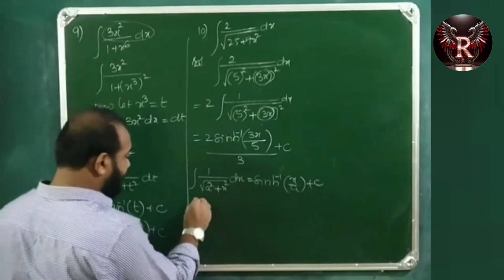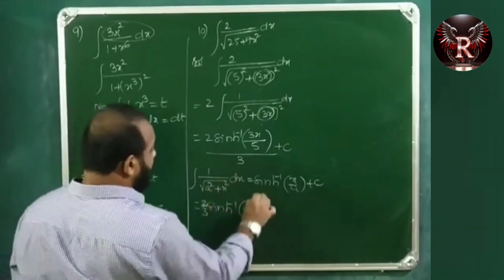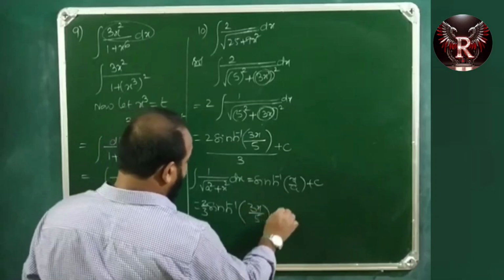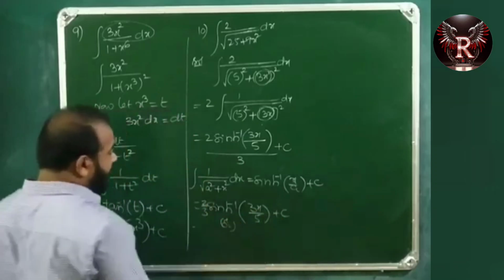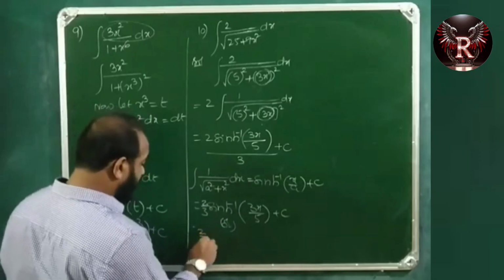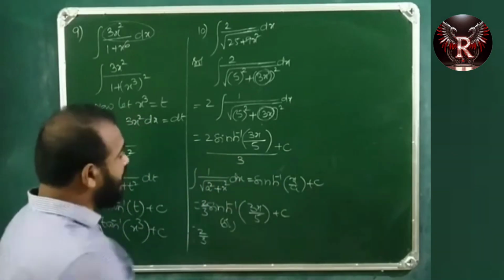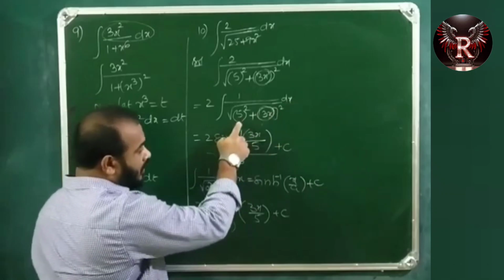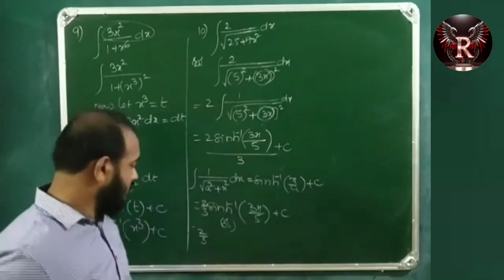So therefore 2 by 3 sin h inverse 3x by 5 plus c, or you may write it as 2 by 3 into log mod x plus square root of, so 3x plus square root of 5 square plus 25 plus 9x square also.